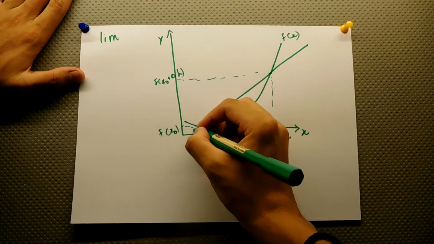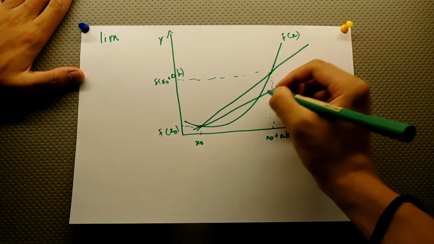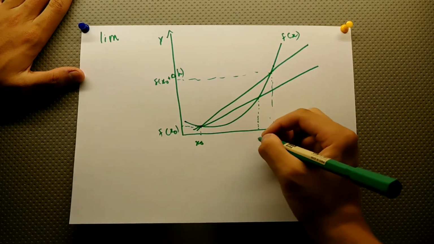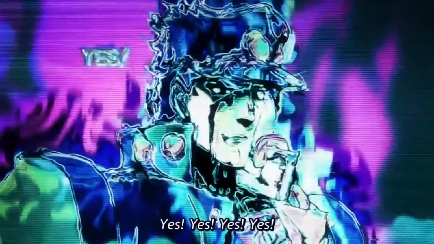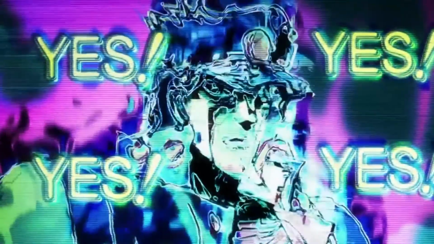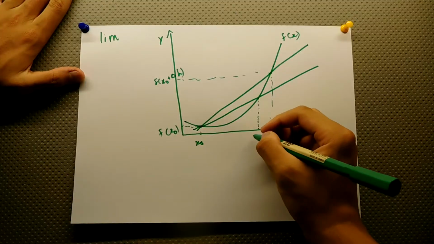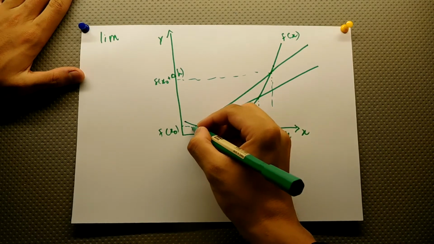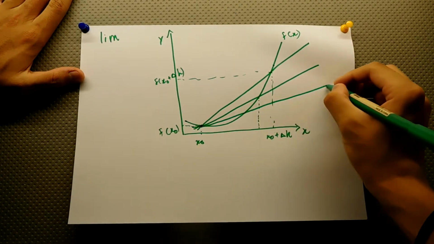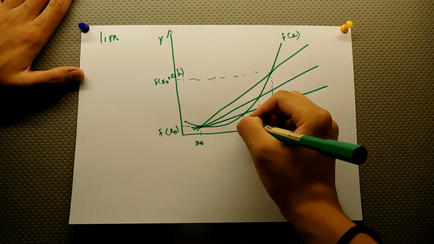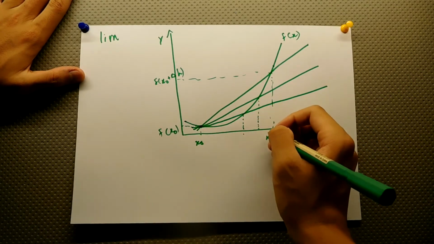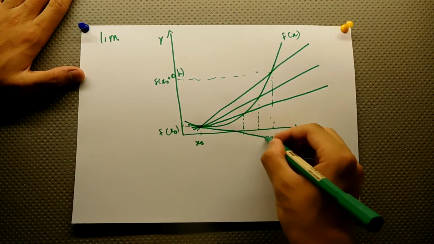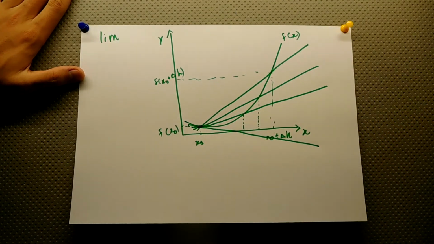We're going to draw a line like this, and the next line like this. As delta h becomes smaller and smaller, we eventually lead to the tangent line, which is here.